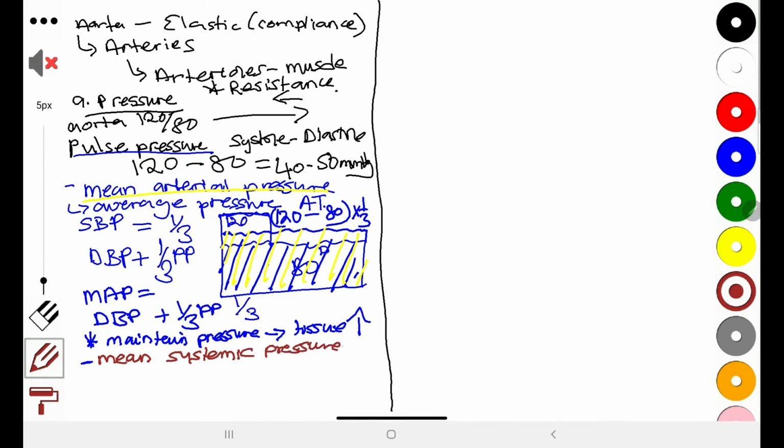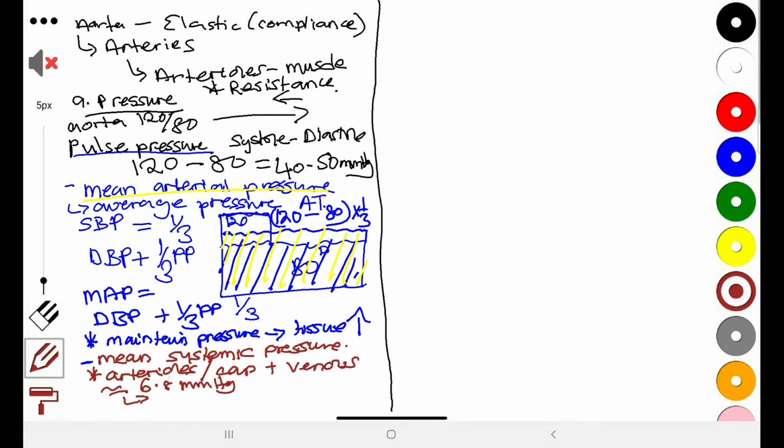Now, in the mean systemic pressure, this is the pressure that is in the arterioles, as well as the capillaries plus the venous lines, and it is on average 6.8 millimeters of mercury, and this is required to maintain systemic circulation when the heart is not pumping.